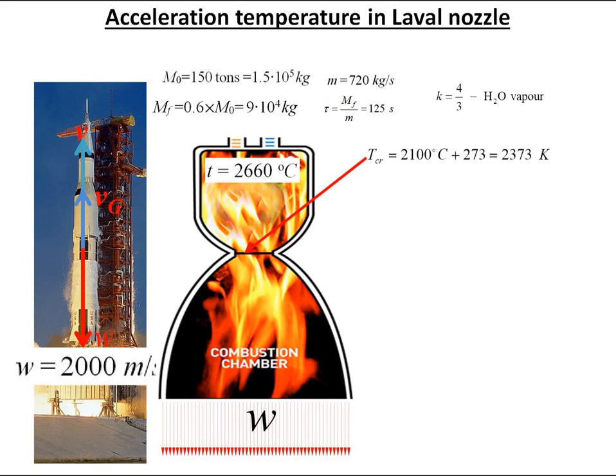According to the speed of sound formula, a higher temperature gives a higher speed of sound, which is the same as the critical speed value magnitude. The Mach number at the exit from the Laval nozzle is equal to such a value.